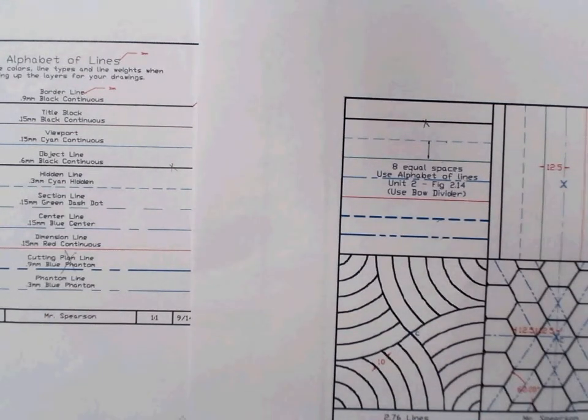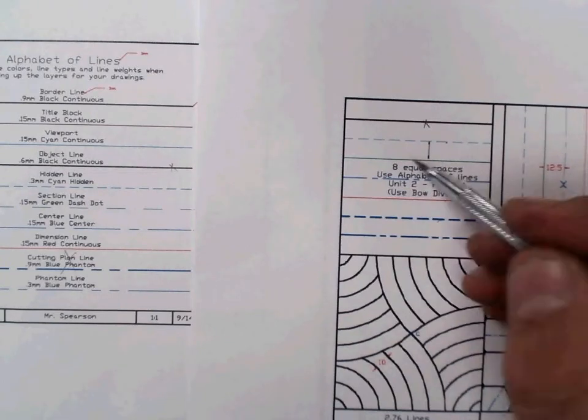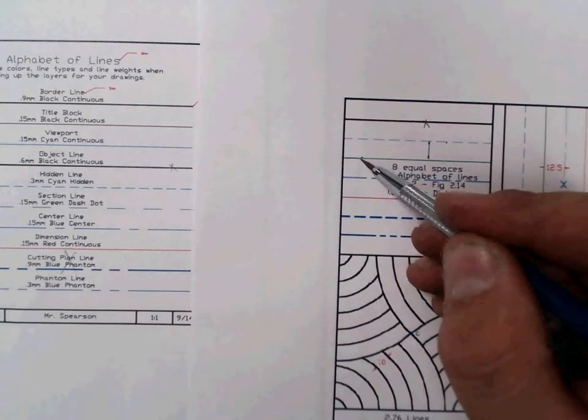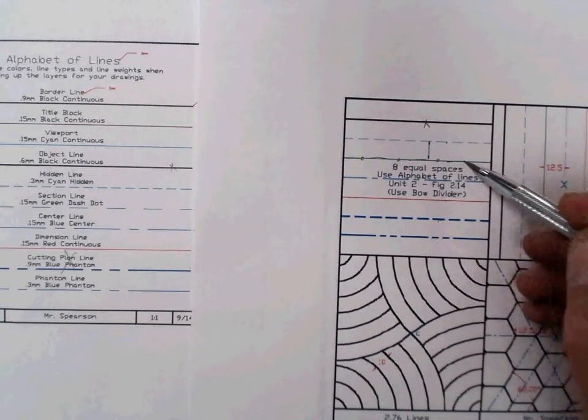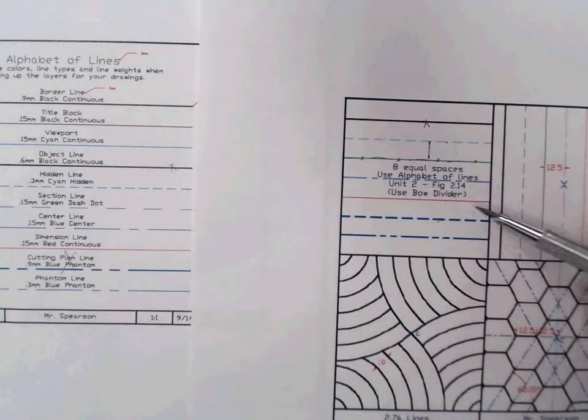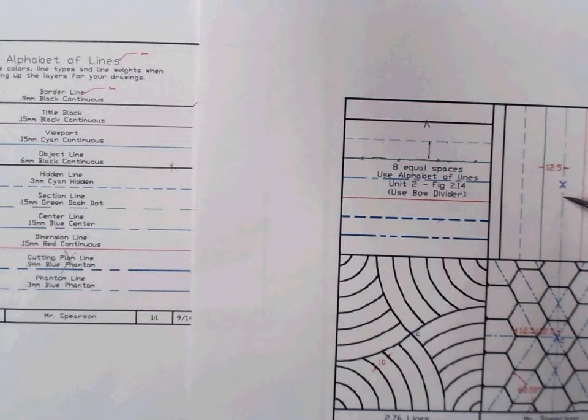And this section line is gonna have a large dash, small dot, large dash, small dot, large dash, small dot, large dash, small dot. And then this just gets duplicated here, meaning there's an object line, then it makes its way down. And this is a section line, long dash, small dot, right, so on. And then this is the cutting plane line.